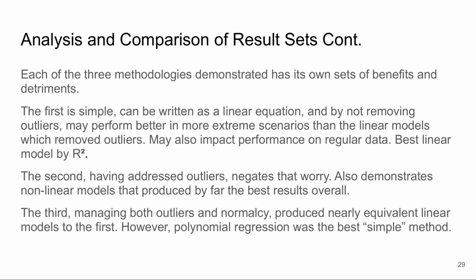And finally, the third methodology adjusted both the normalcy and managed the outliers and produced nearly equivalent linear models compared to the first methodology. However, employing the technique of polynomial regression turned out to perform the best in this case. So my groupmate, Michael, will go on to explain the conclusion.